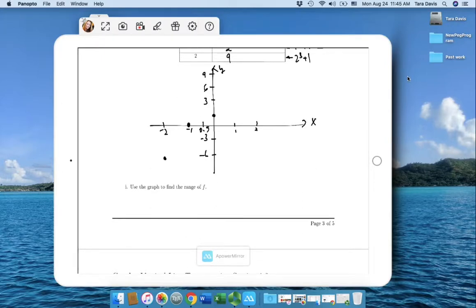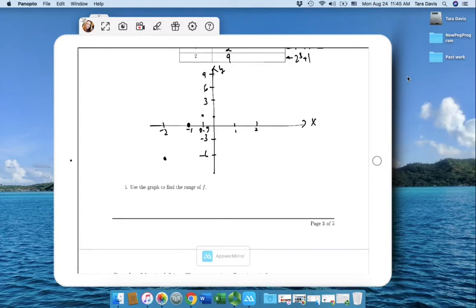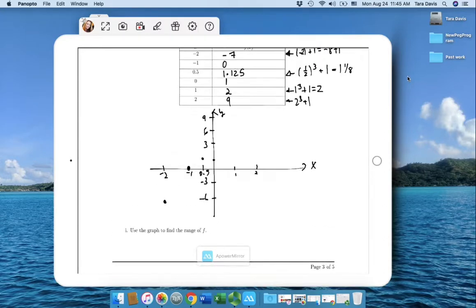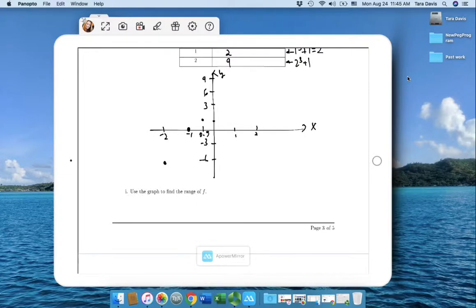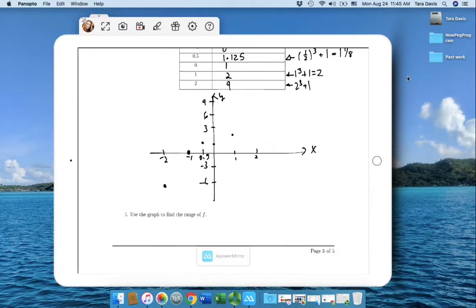Oops, I have to put it here. And then when x equals 0, y equals 1. When x is equal to 1, y is 2. And when x is equal to 2, y is equal to 9.